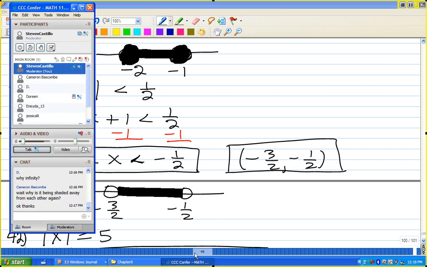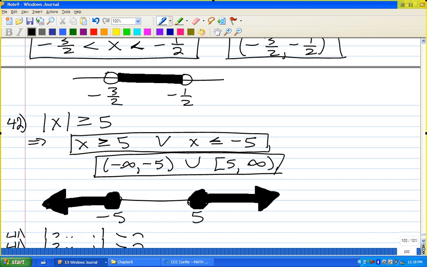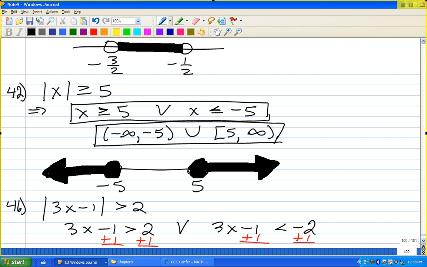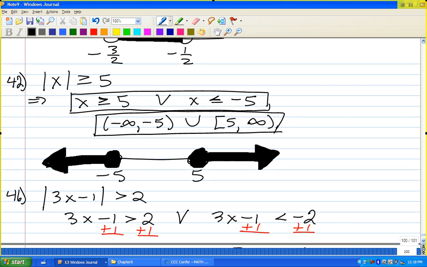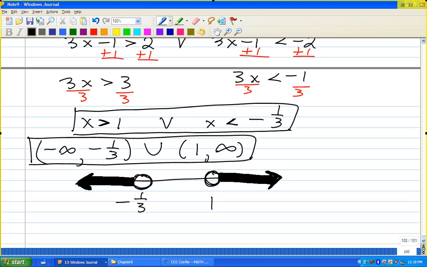Notice that for the less than, you get an "and", an overlap. Whereas the greater than, that's when you get the union. It's a combination of the intervals.